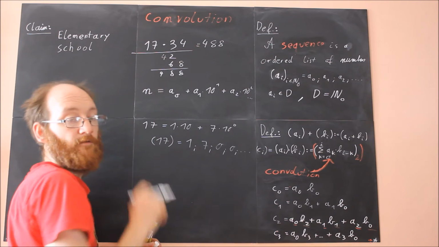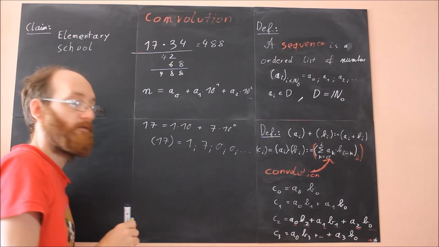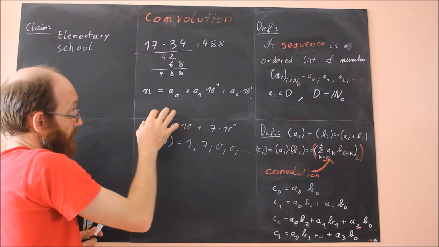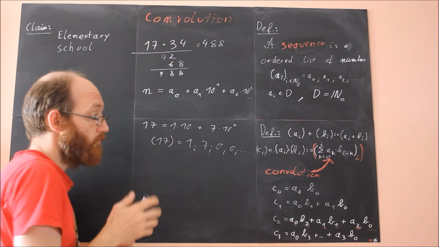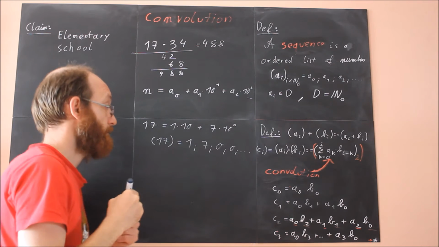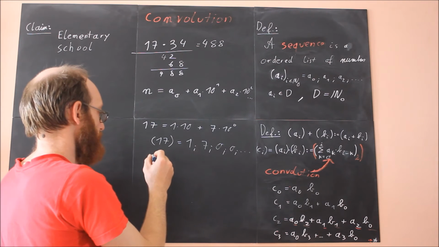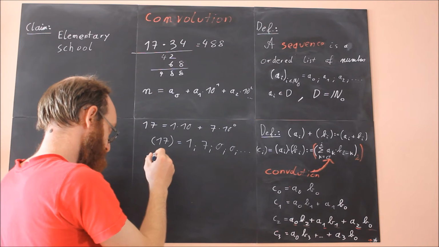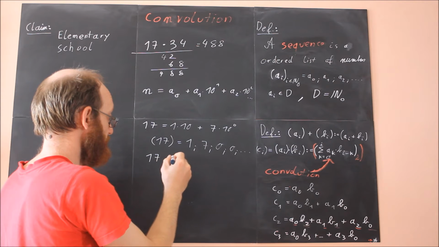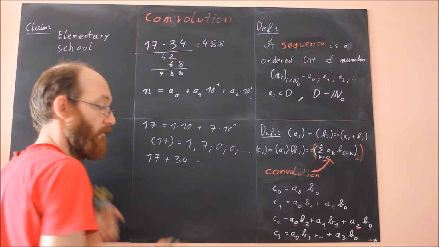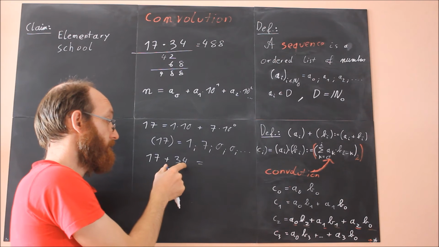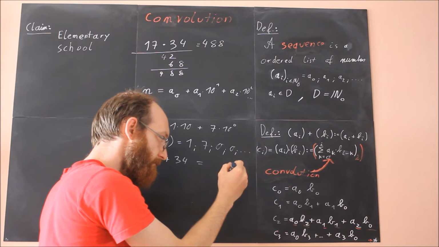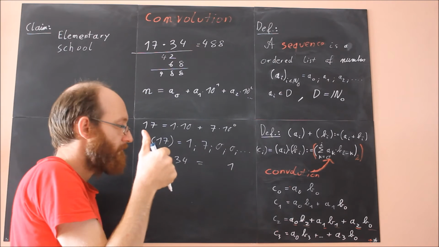And the same game for the 34. Okay? And we see, when we add two natural numbers, like 17 plus 34, how do we add them? We add the 0 position, which is 11, so we have 1 carry.